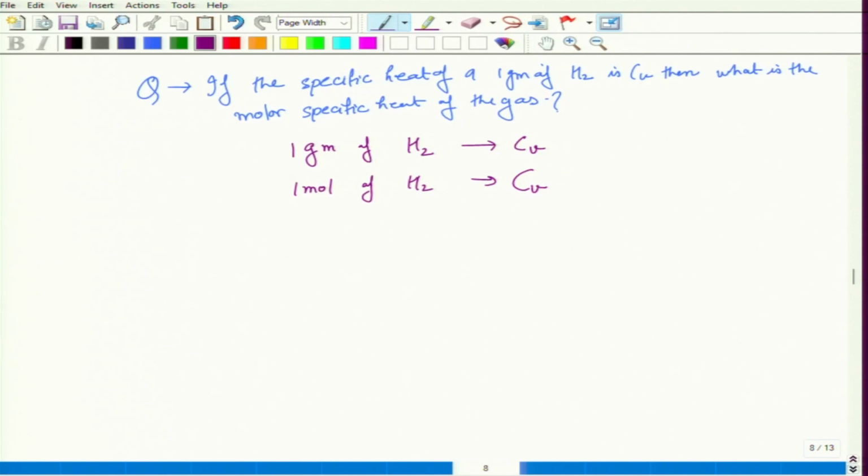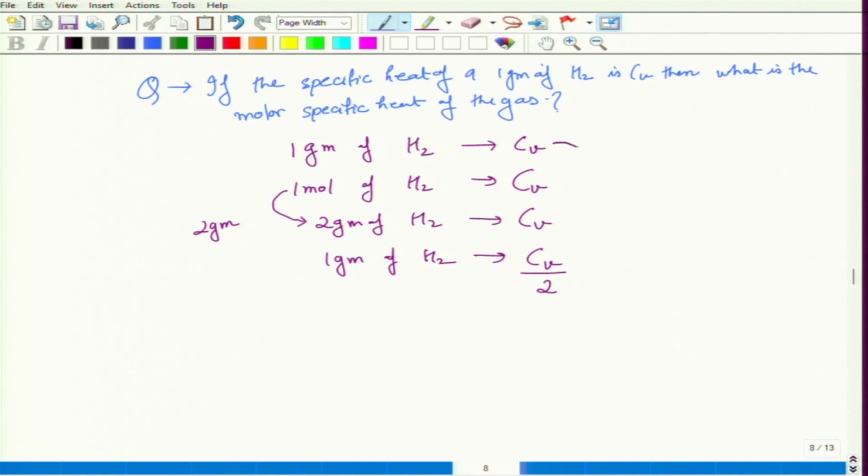What is the molar mass of hydrogen? That is 2 gram. So 1 mole has 2 gram of hydrogen. So 2 gram of hydrogen has a specific heat, capital Cv. From this, 1 gram of hydrogen has a specific heat of Cv by 2.